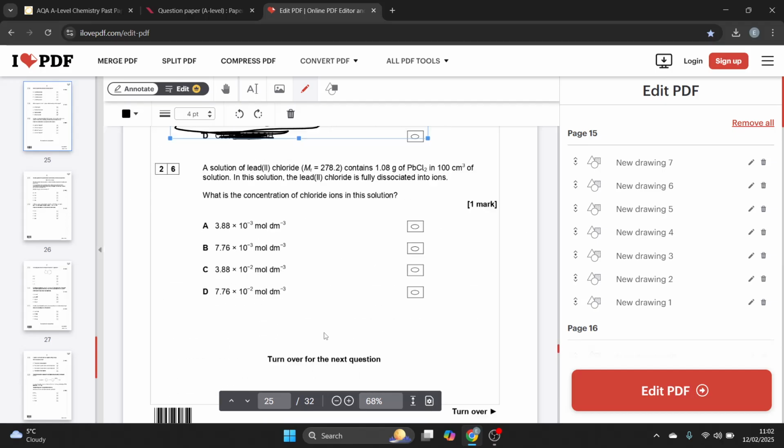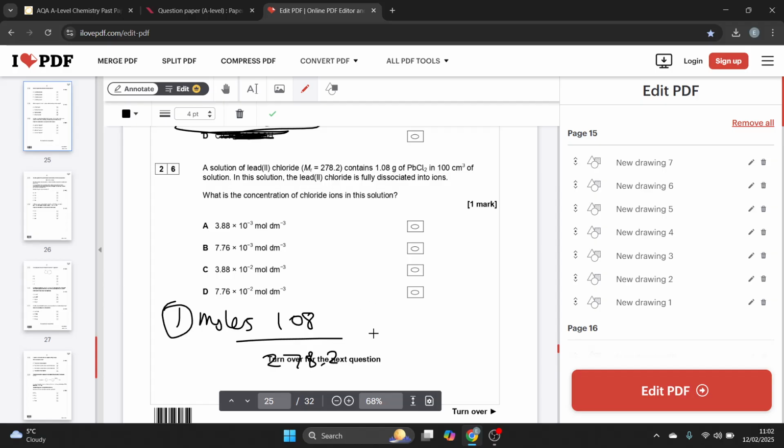Question 26. A solution of lead(II) chloride is completely dissociated in this. In 100 cm cubed of solution, what is the concentration of chloride ions? So first things first, find out the moles of lead(II) chloride. So 1.08 over 278.2, then I've got the moles.